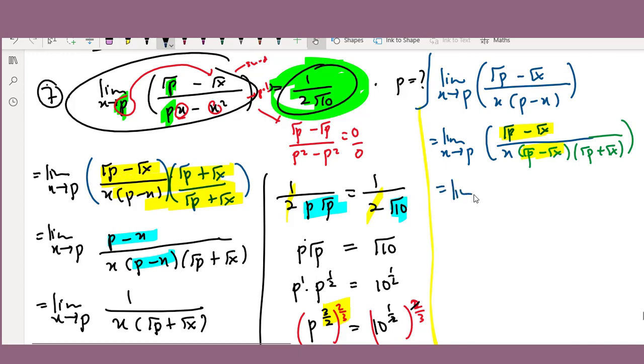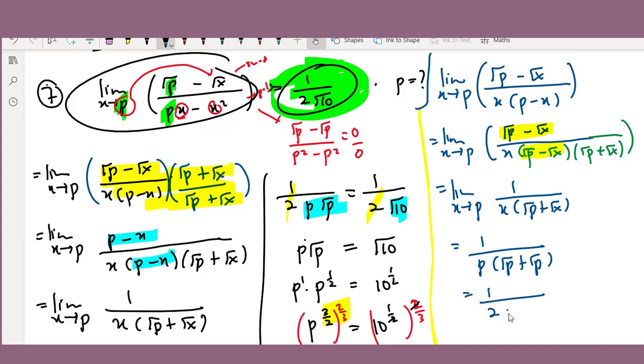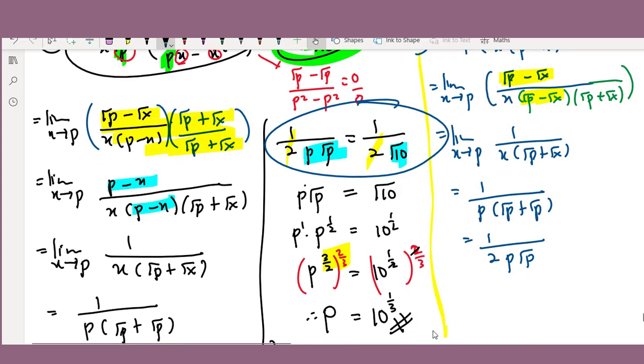Then simplify, limit as x approaches p of 1 over x times cube root of p plus cube root of x. Then substitute p, get 1 over p times cube root of p plus cube root of p, and then 1 over 2p cube root of p. Then continue same like this. On the right hand side, 1 over 2 cube root of 10, and continue until we get this value. That one is now for number 7.